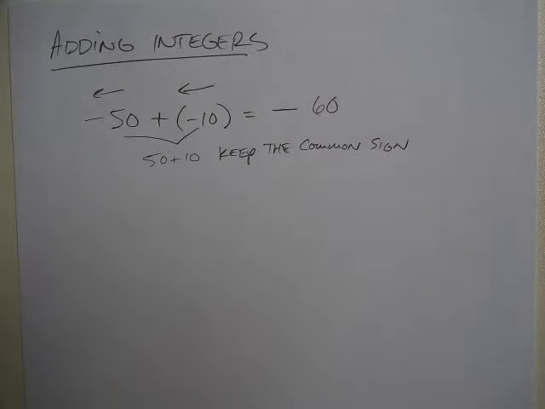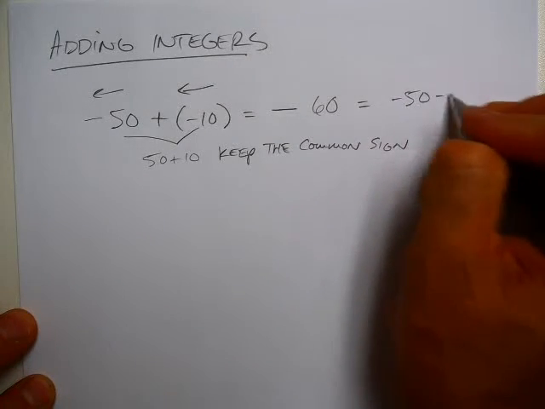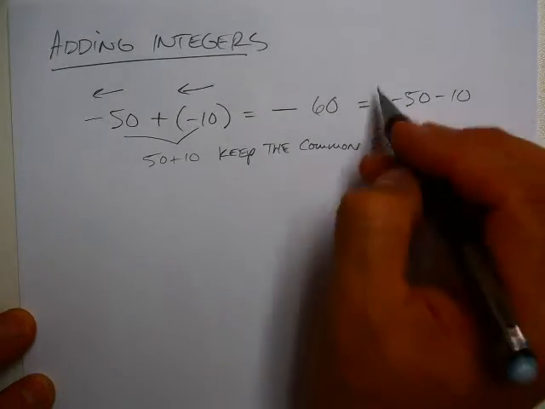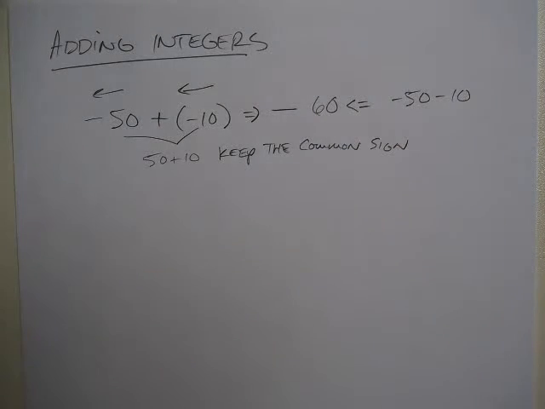Can anybody think of another way that this could be written and yet be the same problem? Yeah, -50 minus 10 is the same thing. Yeah, this would also equal -60.